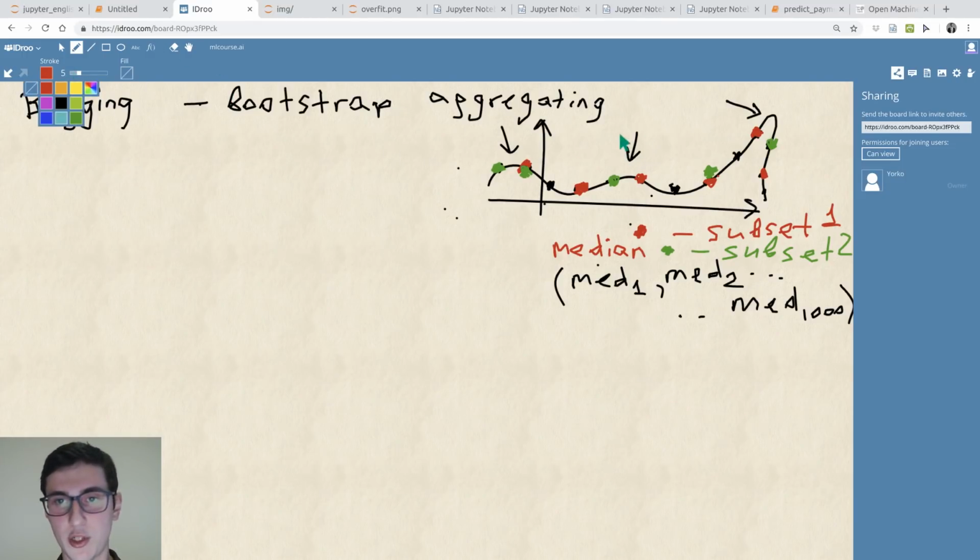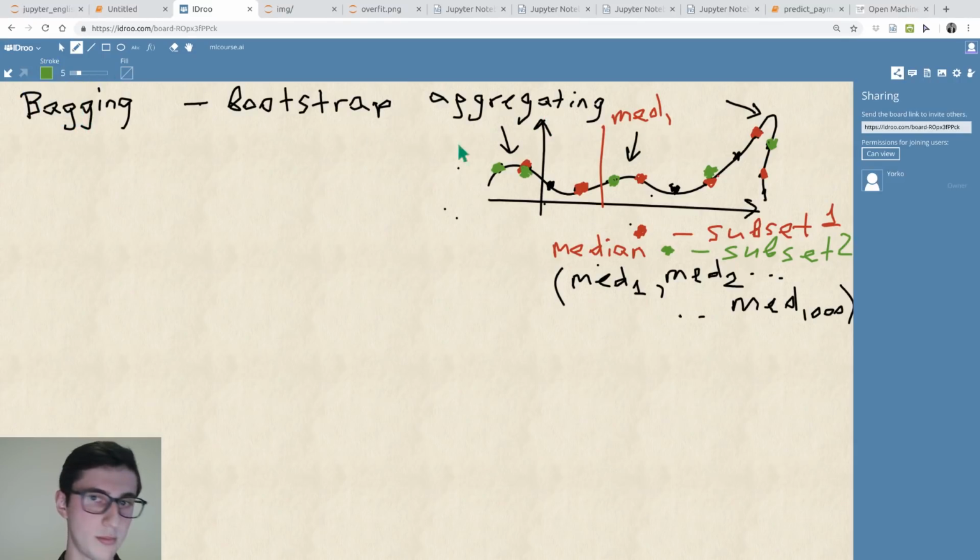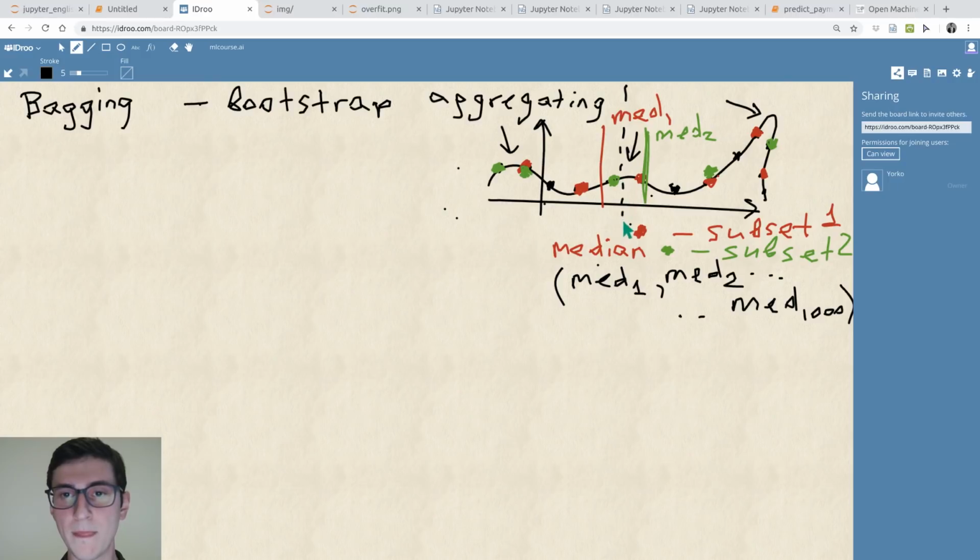So what we'll actually see, we'll get this red one median for the first subsample, then maybe it's here, median for the second subset, and so on and so on. And in the end, we'll come to some, I would say, average of all averages.